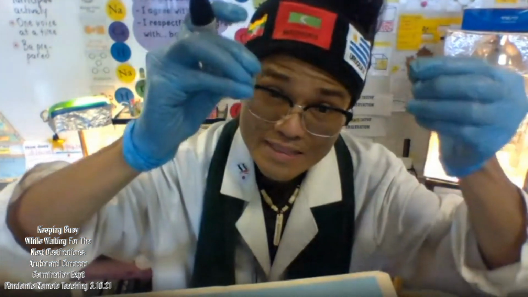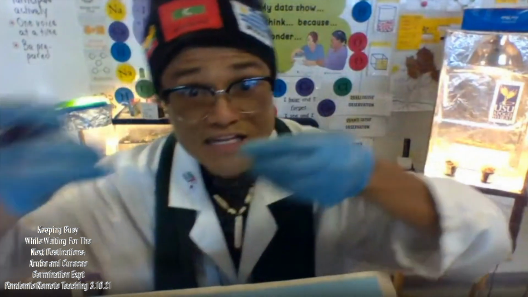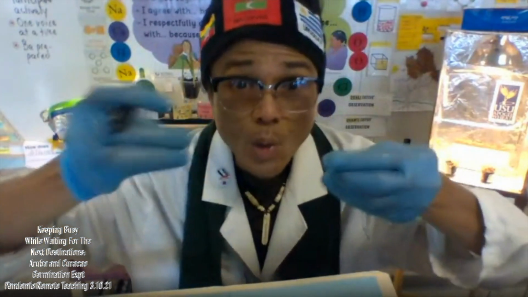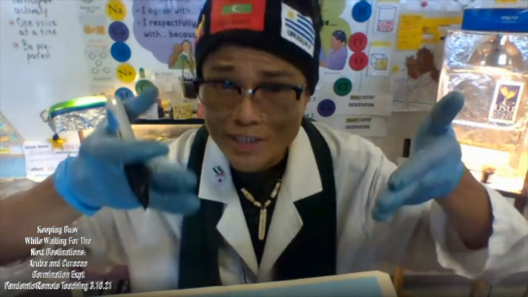So when the seed begins to grow more, it develops more tissues. And then we know that the plant grows taller and taller, of course, when everything it needs is provided, right?